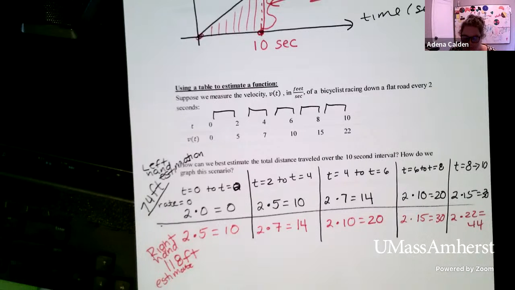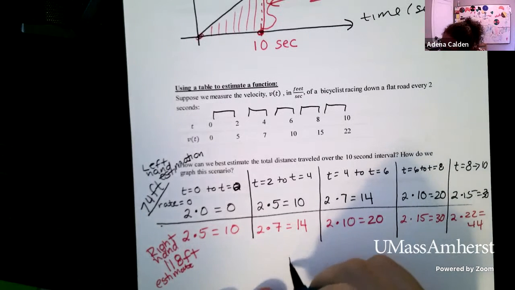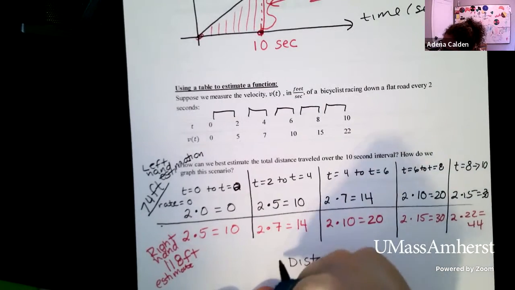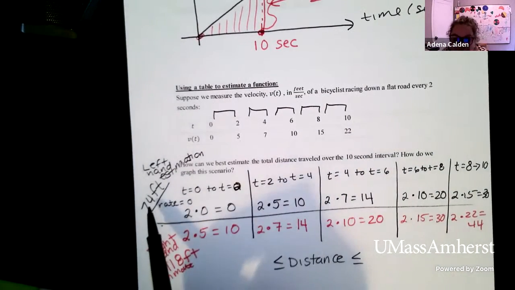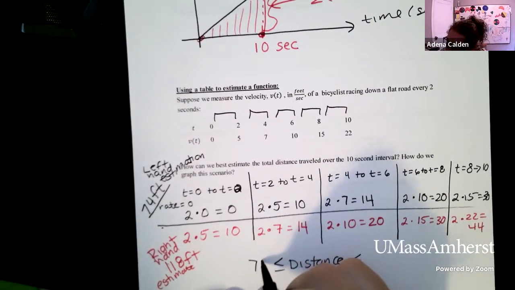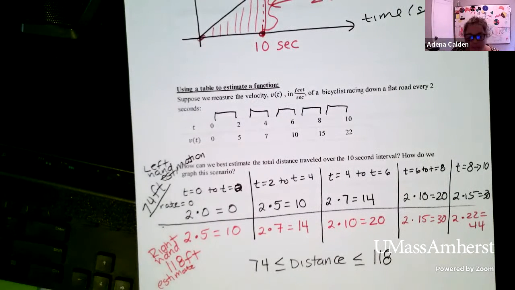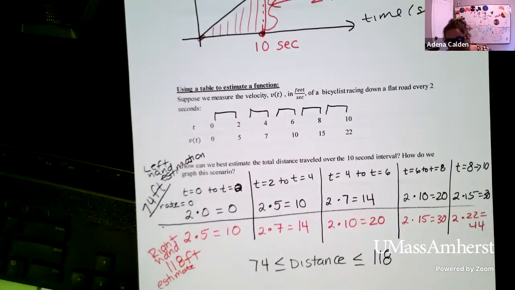So what do I do with this information? Well, I know that my distance traveled has to be between the smaller number and the bigger number. So it gives me bounds. Okay, my actual distance has to be somewhere between 74 and 118.